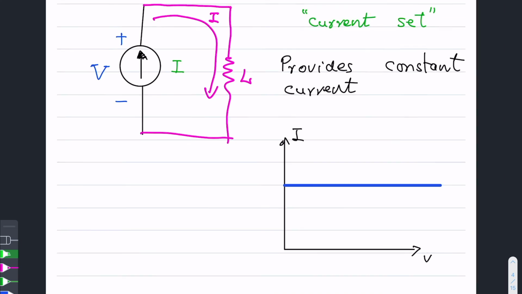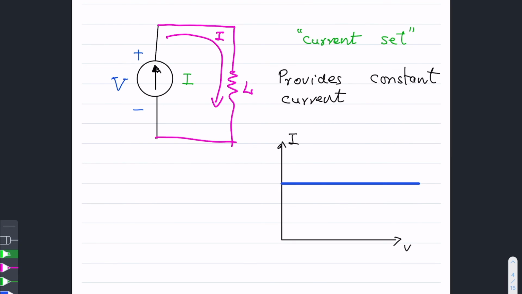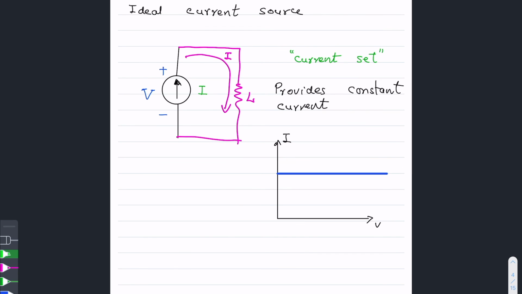That's an ideal current source, providing constant current, and we are going to see this in problems and analysis henceforth.